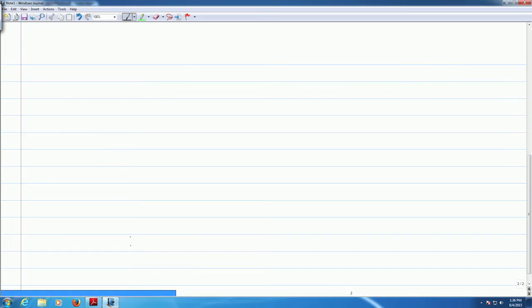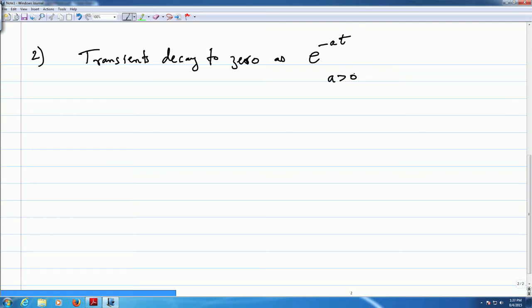Okay. So if you look at the second question, you know the transients decay to 0 as e power minus some constant into t, okay, some positive constant into t. Okay.